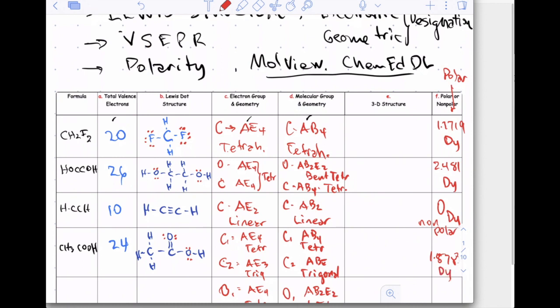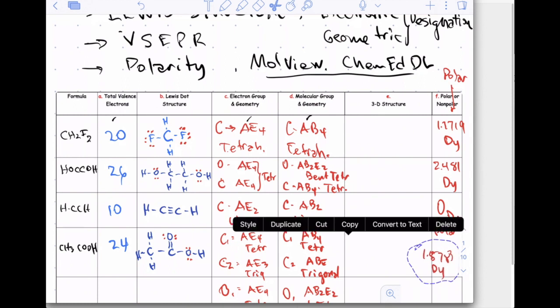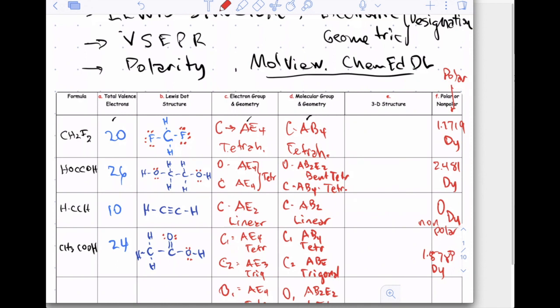Okay, so that is our information. All I've got to do is paste the structure in here, and I already have the geometric designation here, and so I'm pretty much done with this particular activity.